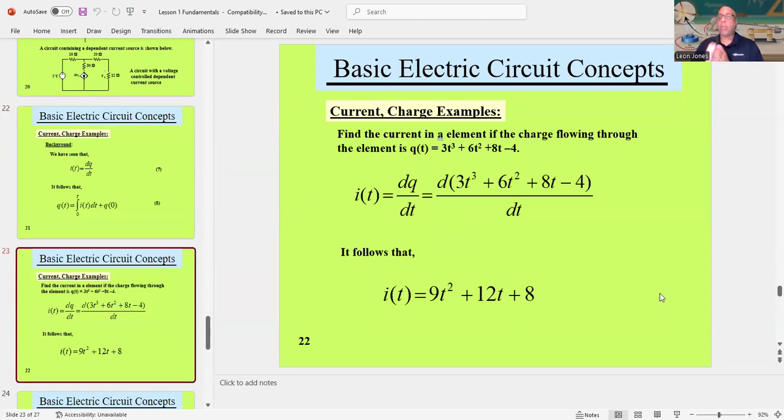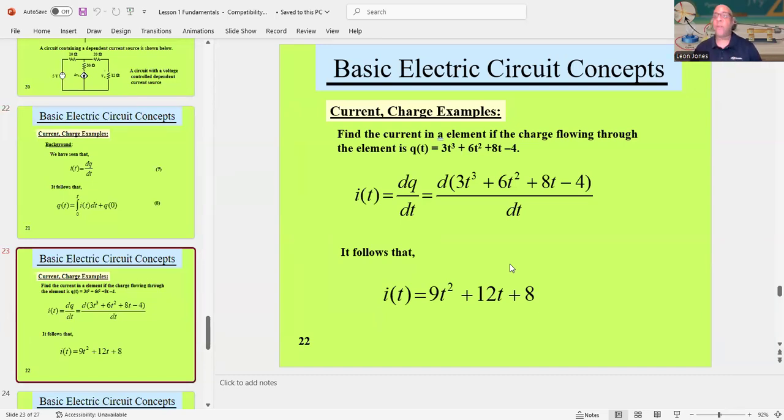When you take a derivative, you take the coefficient and multiply it by the exponent. So here's how it's done. I have 3t cubed. What happens when you multiply the coefficient times the exponent? The exponent is reduced. This applies for first derivatives, second derivatives, and third derivatives.